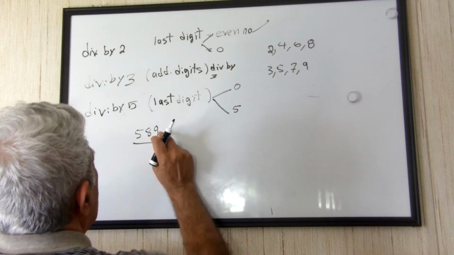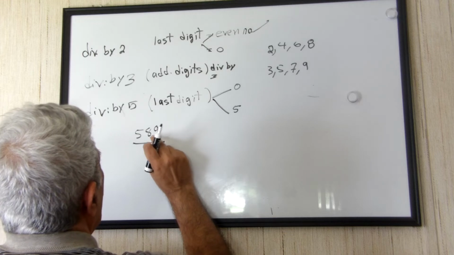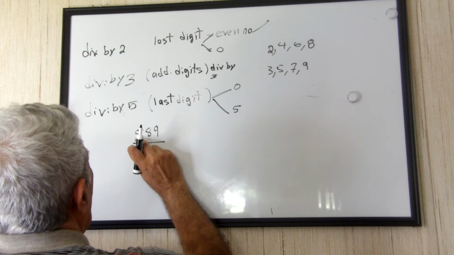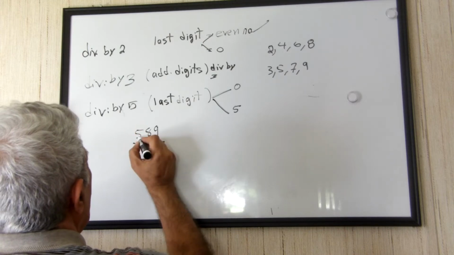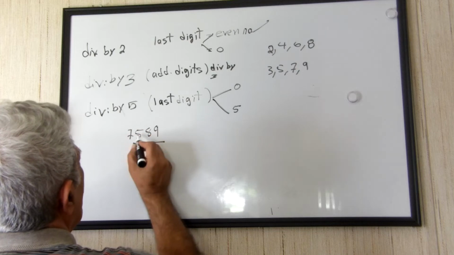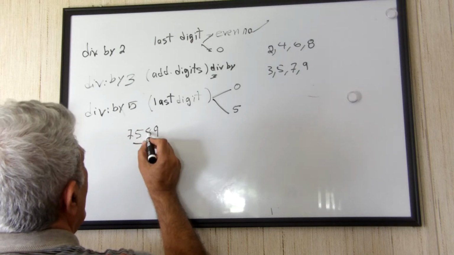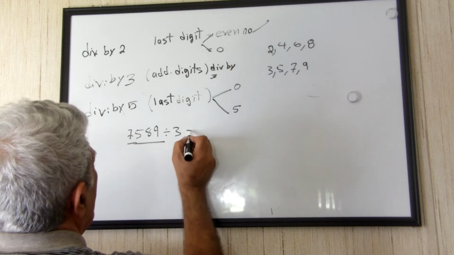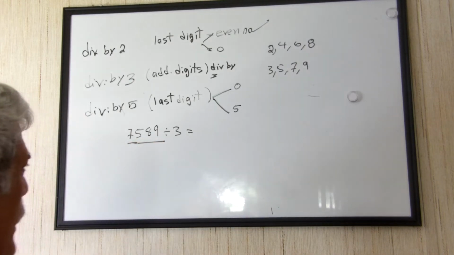Okay, let's change this one to 9, 17. If we add these numbers, 9, 8 is 17, 22, 27, 7, 5 is 12, 12 plus 8 is 20, 29. We can divide this one by 3 because of the addition of these numbers.